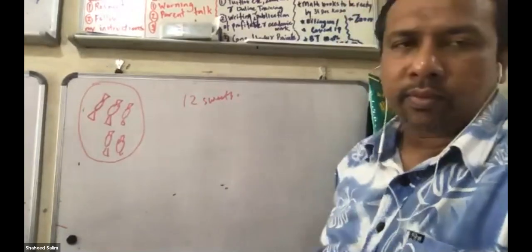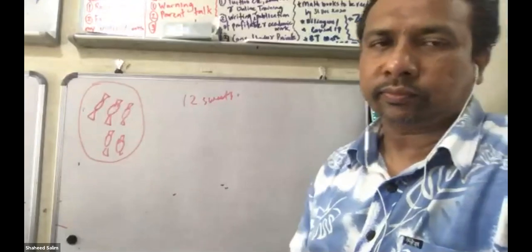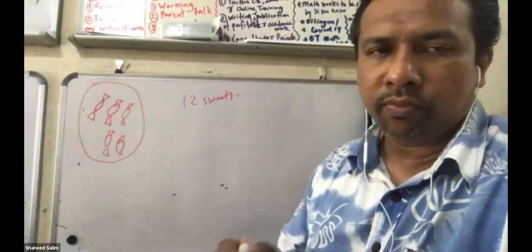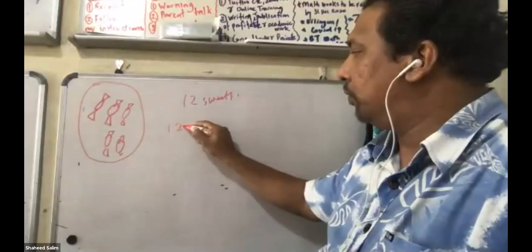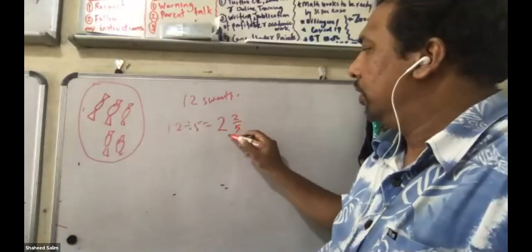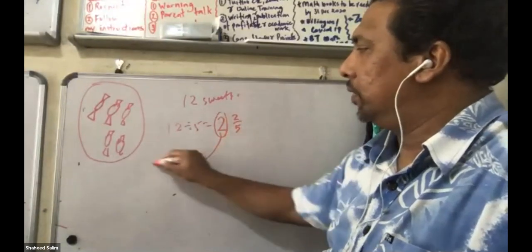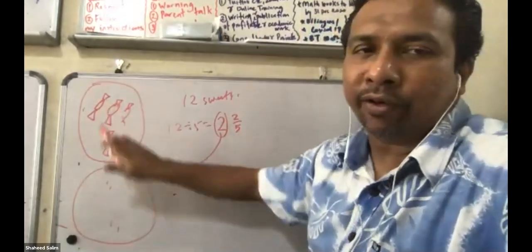Can you pack fully? 5 sweets, 1 packet. Zahin, Iman? 12 divided by 5. Okay, correct. 12 divided by 5, you get 2 and remainder 2. So this 2 is 2 packets. 1 packet got 5, 2 packets got 10.